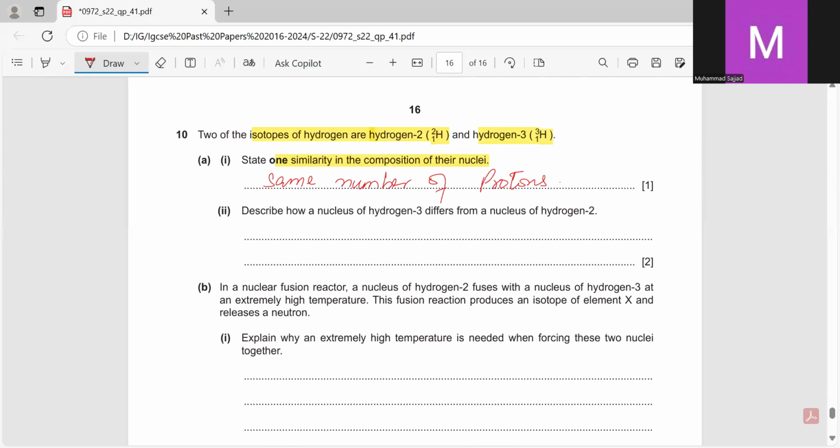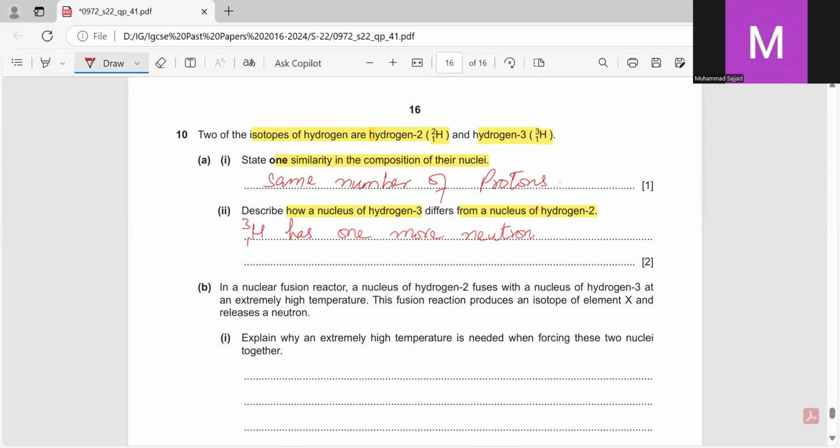Describe how a nucleus of hydrogen 3 differs from a nucleus of hydrogen 2. So we can say 1H3 has one more neutron. That is the difference.